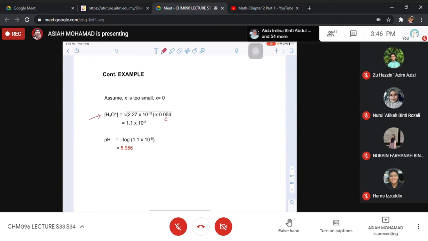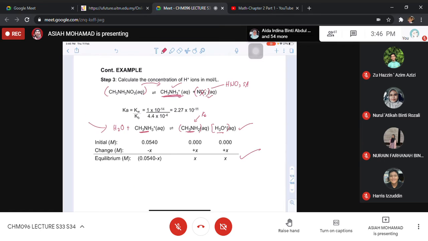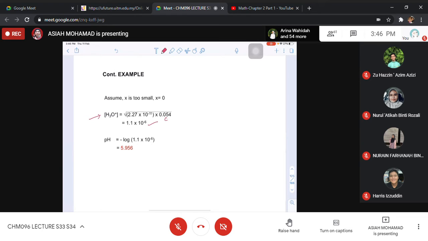This is the C that we obtain for the salt. And then Ka, you need to find the Ka for CH3NH3+ given Kb of CH3NH2 in the equation, by using this formula. Once you get the Ka, put it in here, you get H3O+, then you can calculate pH.